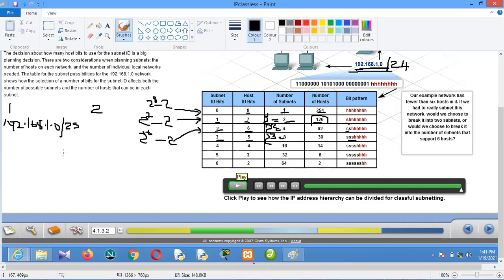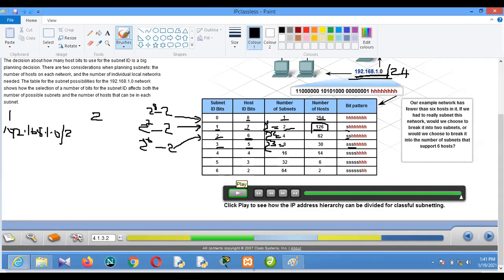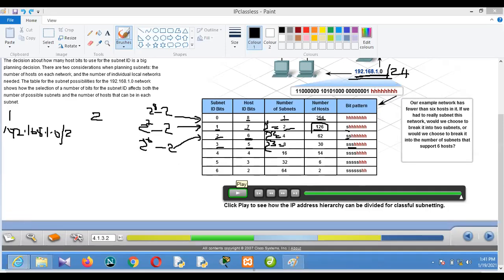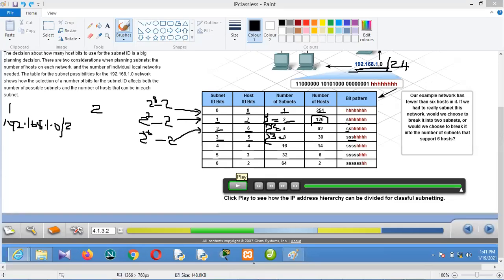It's /25. Or maybe I need to create a new board so that I can make this clearer. Let me make this clearer with the new board. So I'm sharing this again.